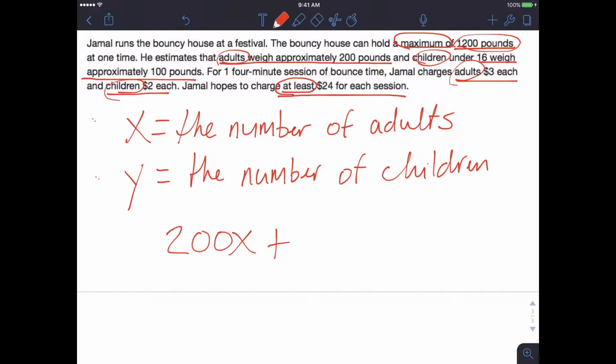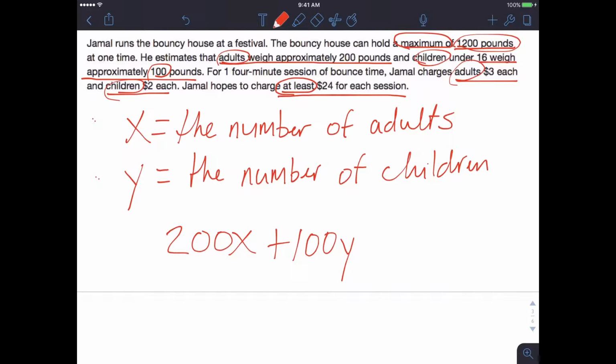So let's go ahead and do 200 pounds times the number of adults, 200x. Plus, how much do the kids weigh? 16 and under, approximately 100 pounds. So let's do plus 16y.